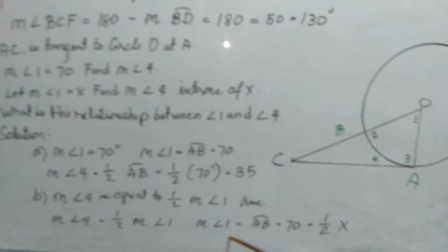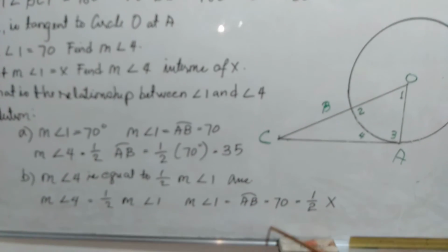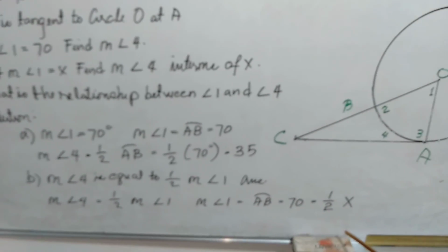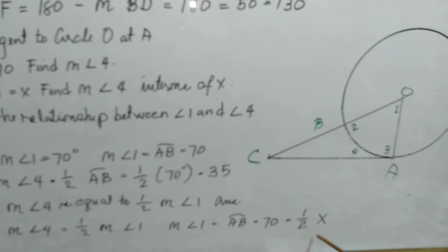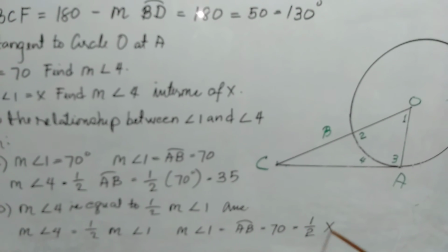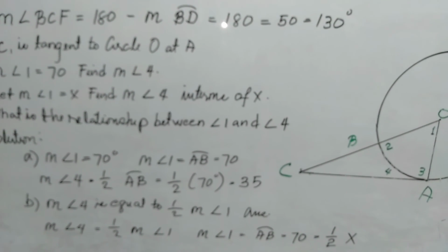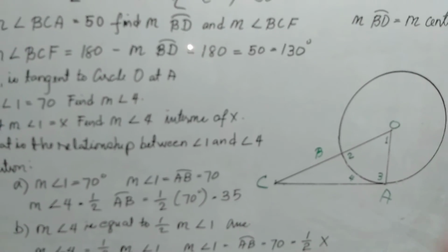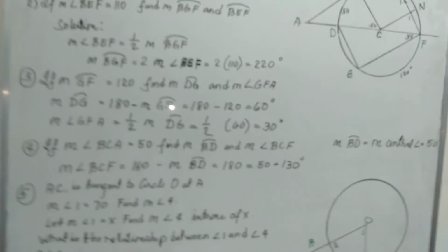Angle 4 is equal to 1/2 of x, where x is the measure of angle 1. So that's it. That's how we're going to solve problems like these.